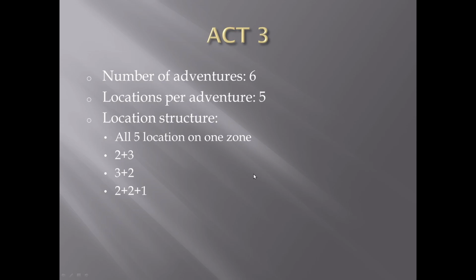Or you can go 2 plus 2, or each adventure on its own, or a combination of those. Everything is available, but this is just a rough idea. You need to have some kind of base upon which you will build forward, right?